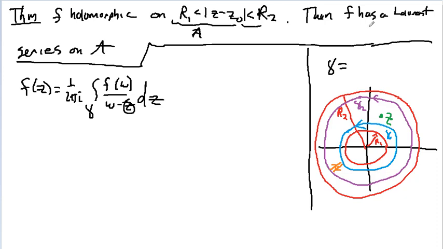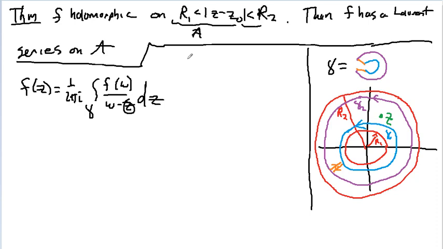this bit right here, like that, and then orange, and then blue. This is what gamma is equal to. But notice the orange bits cancel themselves out, so you really just have the integral around the purple part minus, because we're going in the opposite direction, the integral around the blue part.